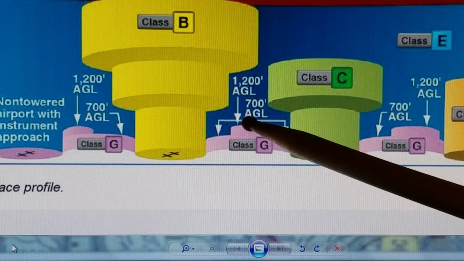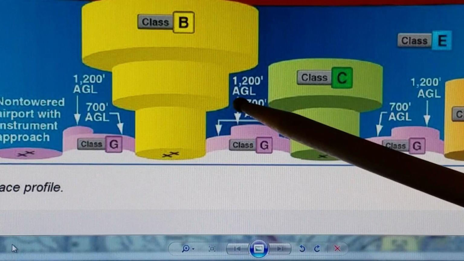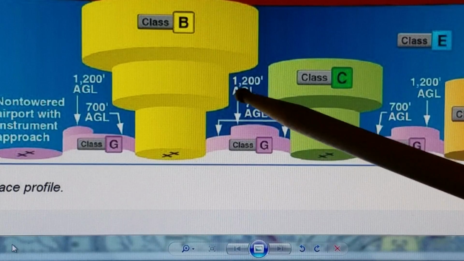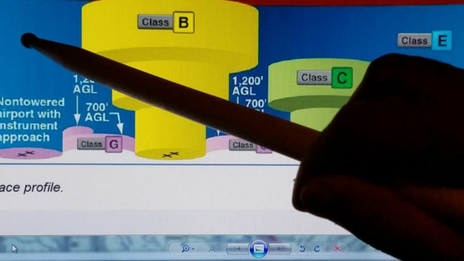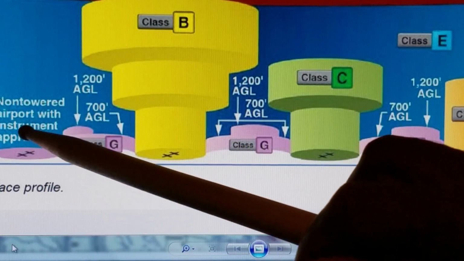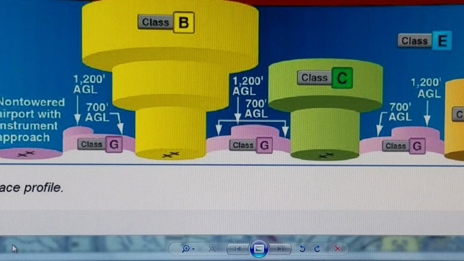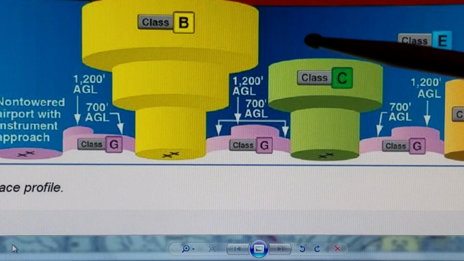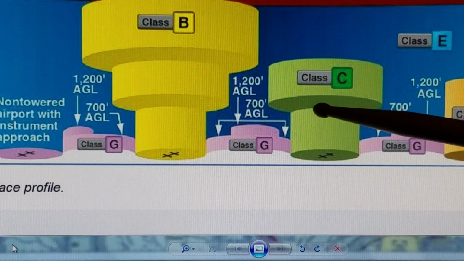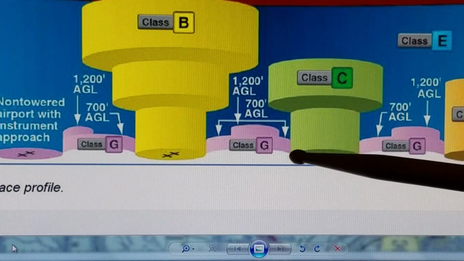If it is high up from AGL, it's 1,200 feet. But if it goes down, it goes down to 700 feet. And then if you talk about surface, of course, like this one, the class E airspace will go down totally. And not to make you confused, at Savannah Airport, the inner circle goes down straight to the surface level. Right. This is the surface level.